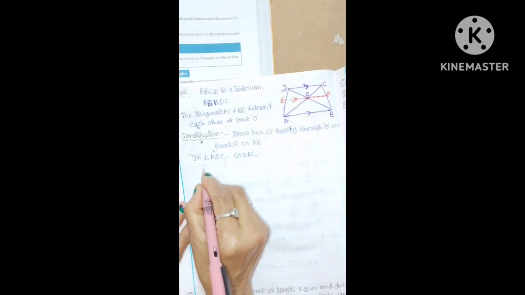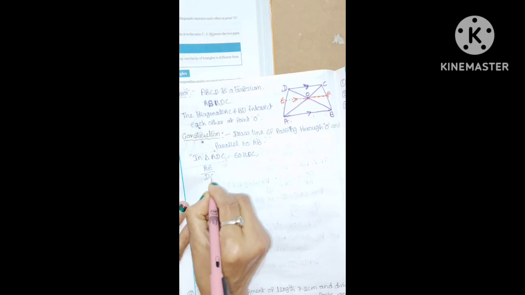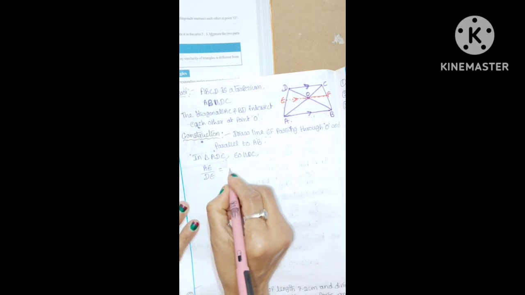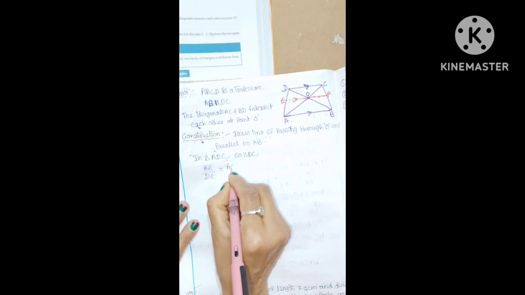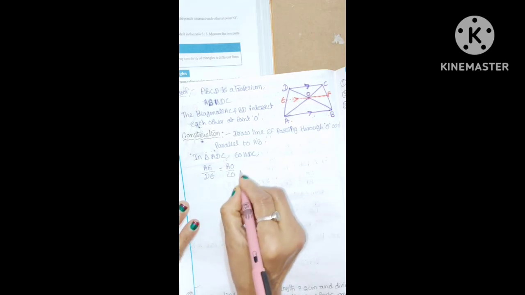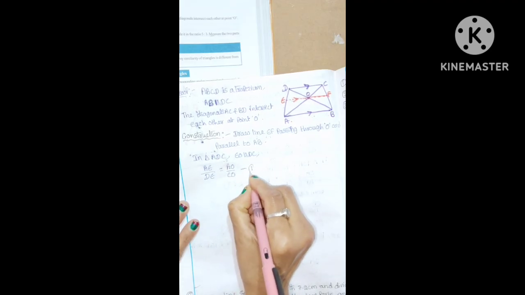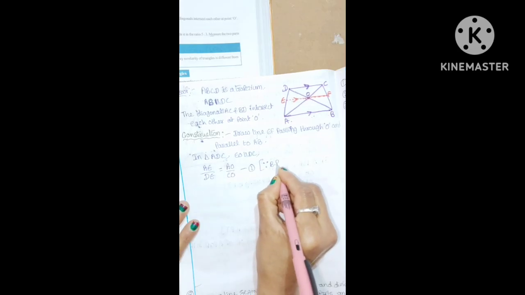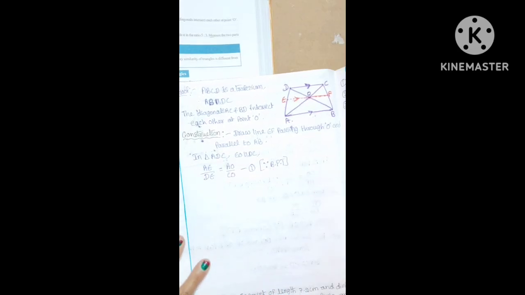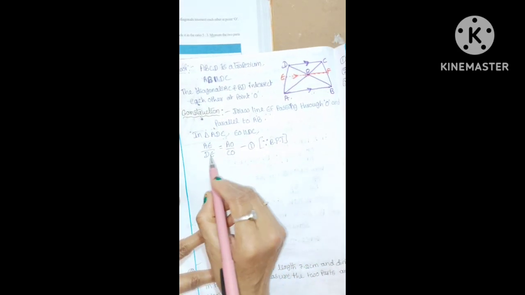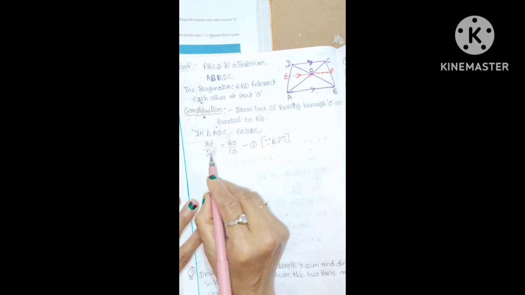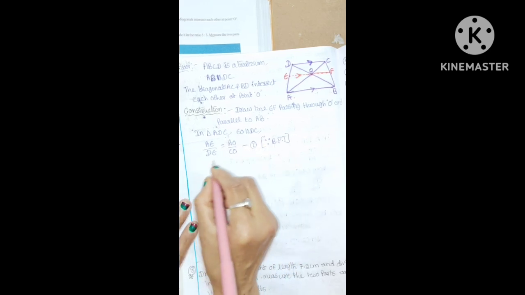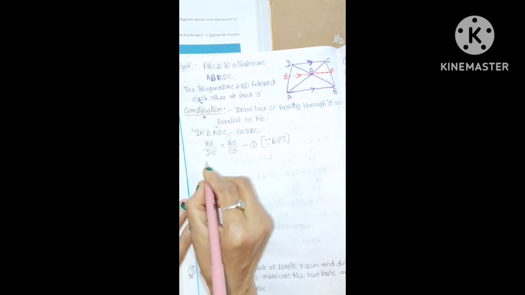So here AE by DE equals AO by CO. Let this be equation number 1, by using BPT. Are you clear? From BPT these two sides' ratios are equal. So this is equation number 1.